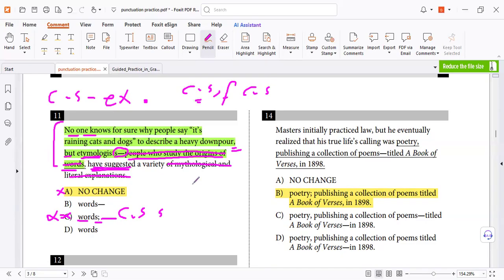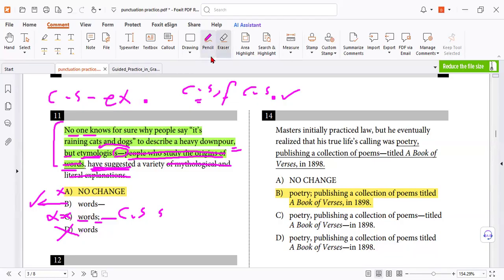After but, the writer wants to insert additional information to tell you more about who they are, what etymologists means, as a positive information. Here it is emphasized by using two dashes. So if you find two dashes, delete what is between them and read the sentence without them. You will find it correct, so it's correct. So you need the second dash. So it's correct. So the other is wrong.